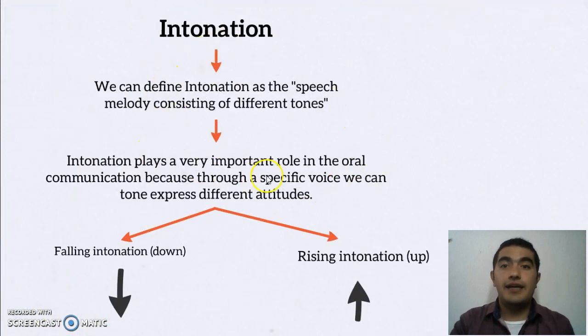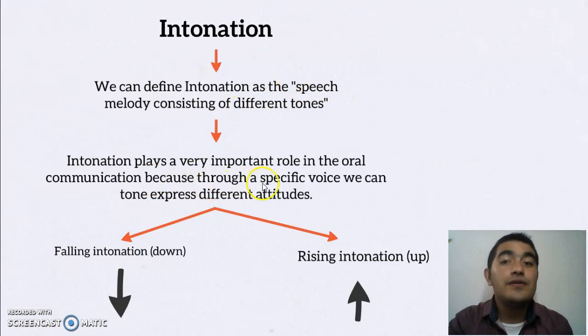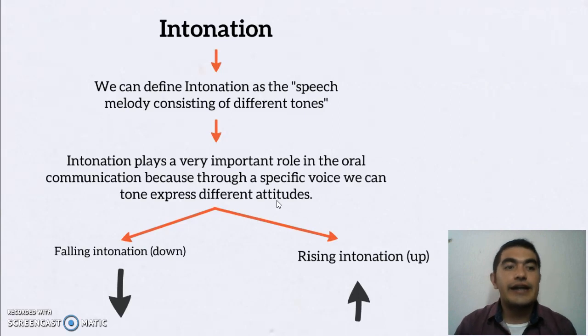This is the diagram. What is intonation? We can define intonation as the speech melody consisting of different tones. Intonation plays a very important role during communication because through a specific tone we can express different attitudes. Falling intonation, down. Rising intonation, up.